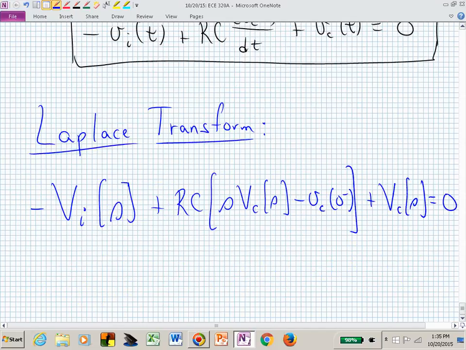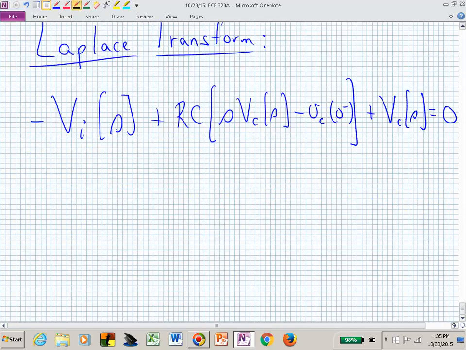Yes? If you don't tell us the initial conditions, do we not assume that there are zero initial conditions? Oh boy. If I don't give you an initial condition, you can say, since the initial conditions were not given, I will assume they were 0.